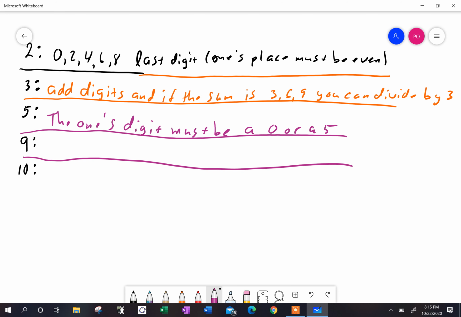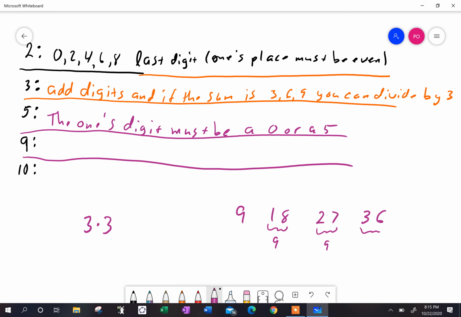Well, 9 is a special case because 9 is really 3 times 3. So the multiples are 9, 18, 27, 36. Here, when I add my digits, you get 9.